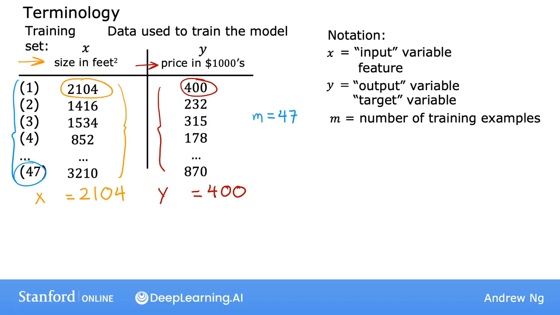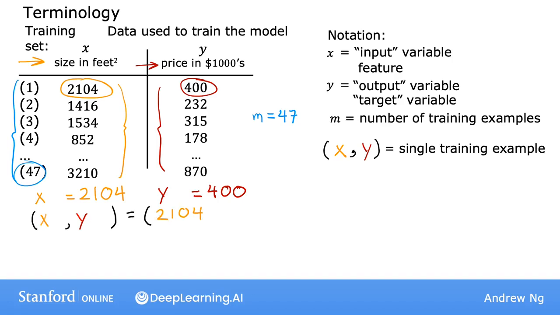To indicate a single training example, we're going to use the notation (x, y). So for the first training example, (x, y), this pair of numbers is 2,104, 400. Now, we have a lot of different training examples. We have 47 of them, in fact.